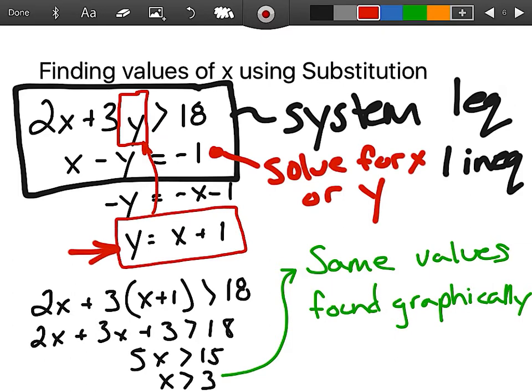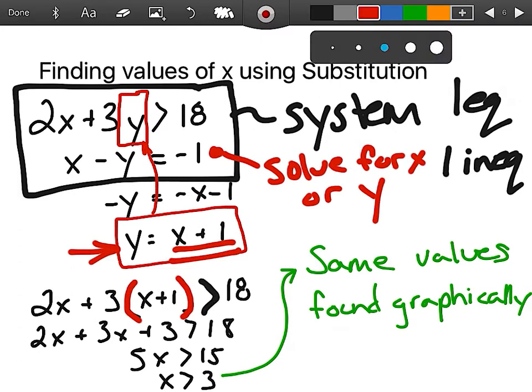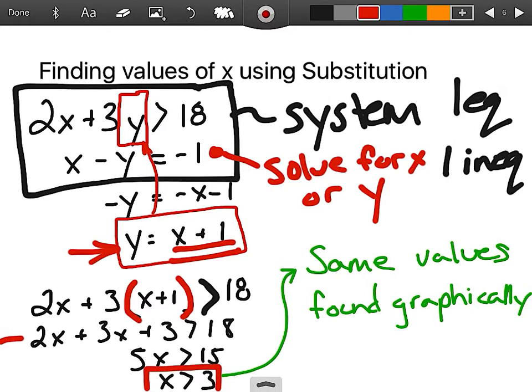So down below, you get 2x plus 3y. Oh, it's not y anymore. It's 3 times (x plus 1) because this is my new y. And again, it's greater than 18. I solve this by turning it into 2x plus 3x plus 3 is greater than 18, and then it solves down to x is greater than 3.